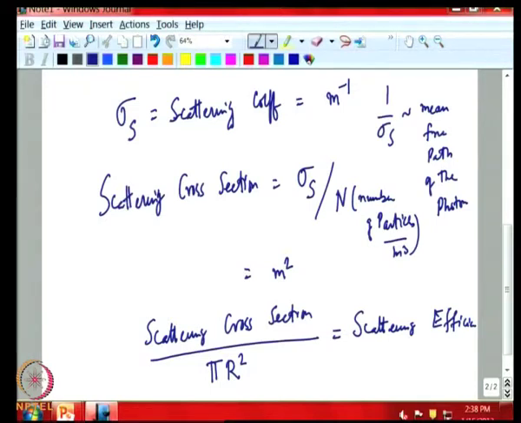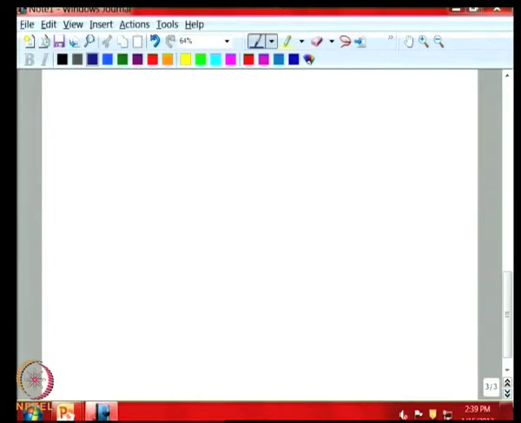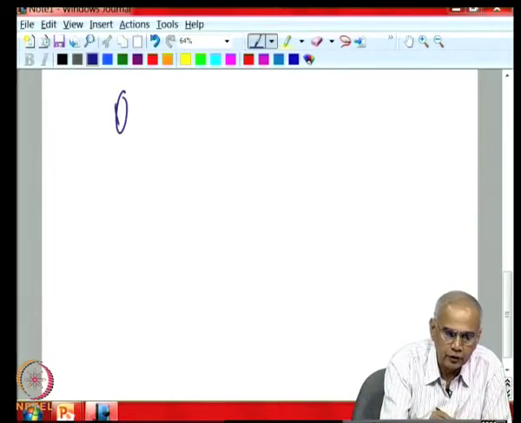Finally, we have scattering cross section divided by pi r squared, which gives scattering efficiency. This is a non-dimensional number. So, this gives an idea in relation to the area of the particle, what is the scattering effect. So, that is generally called Q E.